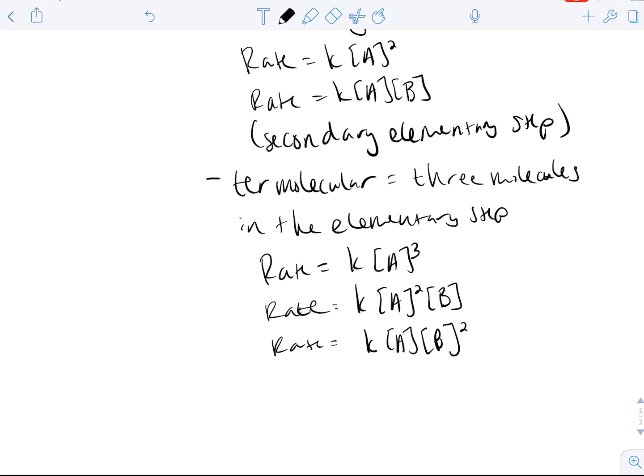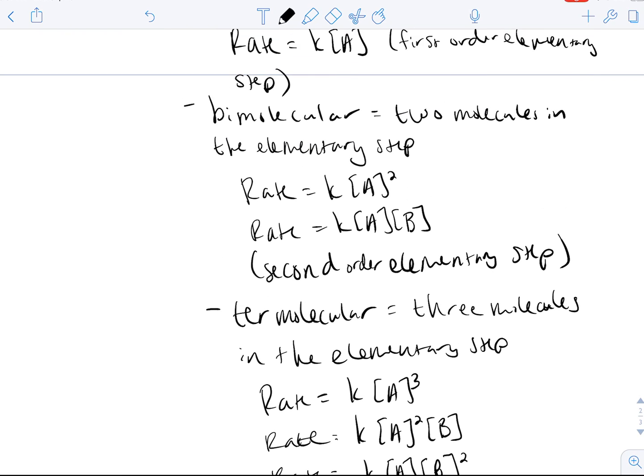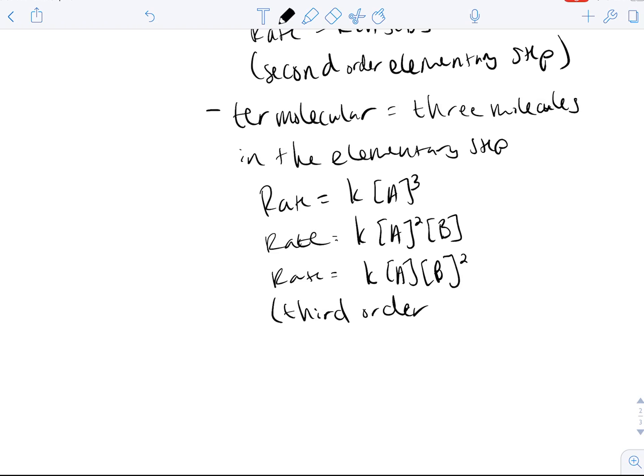But again, this is going to be a third order elementary step.